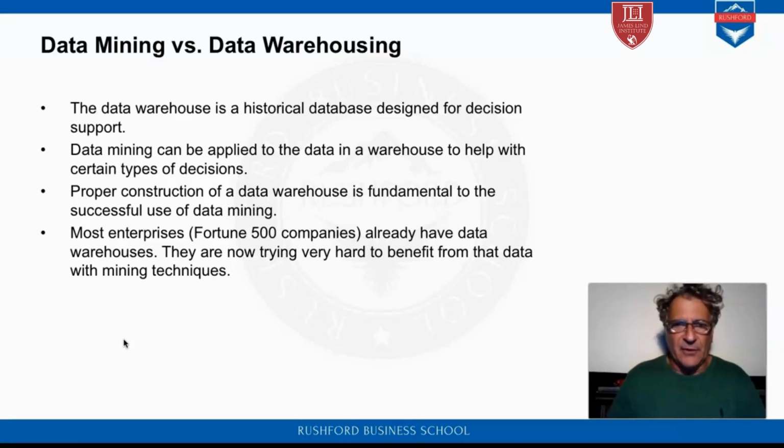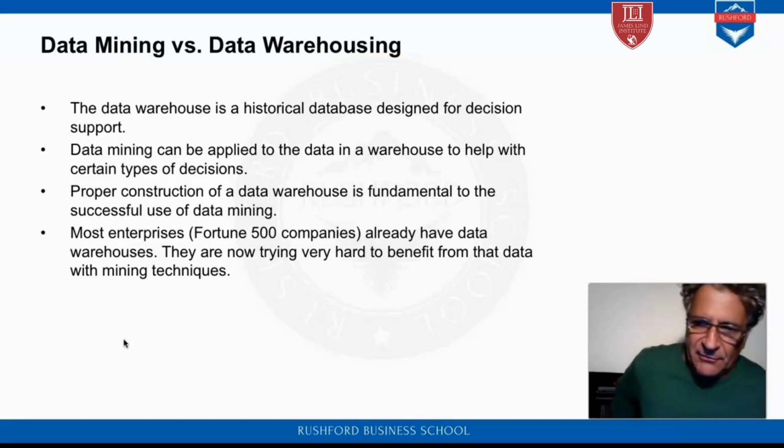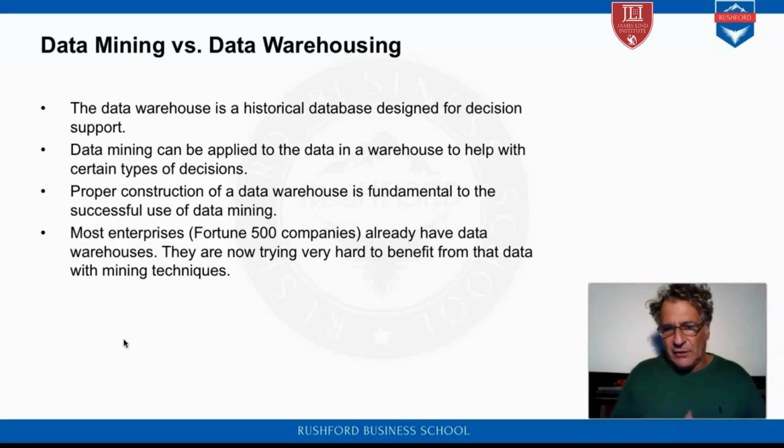For example, if we have warehouse data that are aggregated or not well specified, we can subdivide them in different categories, and we can run different algorithms to see if different groups, for example, in terms of patients, have some variables in common. This will help to understand, for example, if a specific drug or medicine can affect a different group of patients. So that's the reason why it's important to understand the difference between warehousing data and mining.